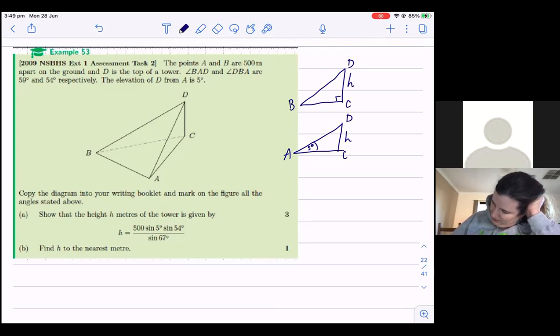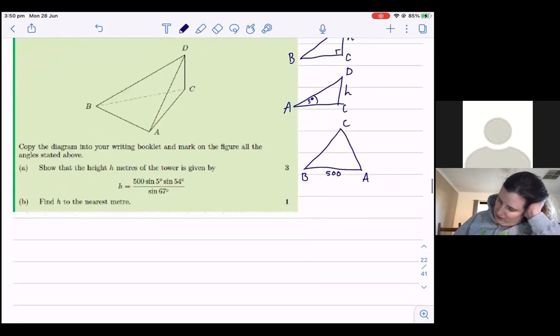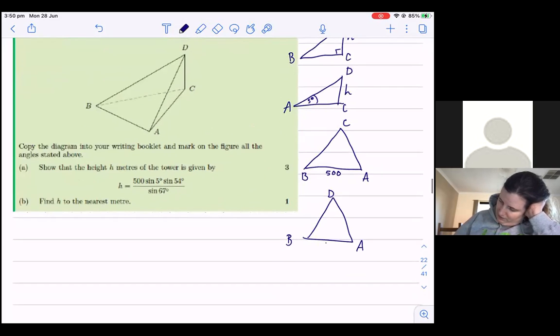And if we do a bird's eye view, BCA, A and B are 500 meters apart from the ground. And one more triangle, BAD, 500.